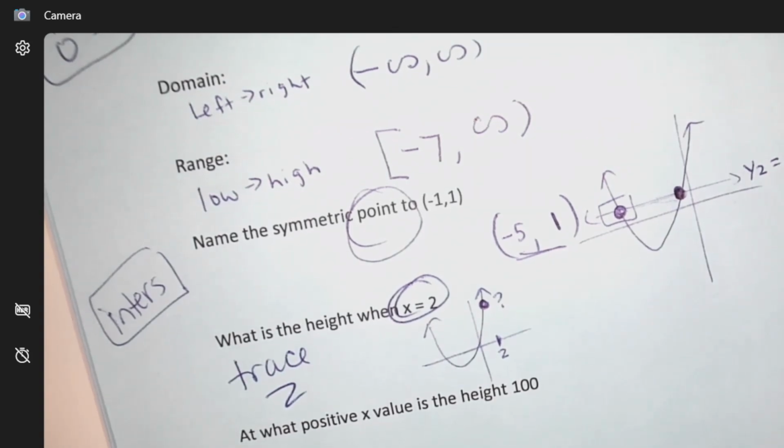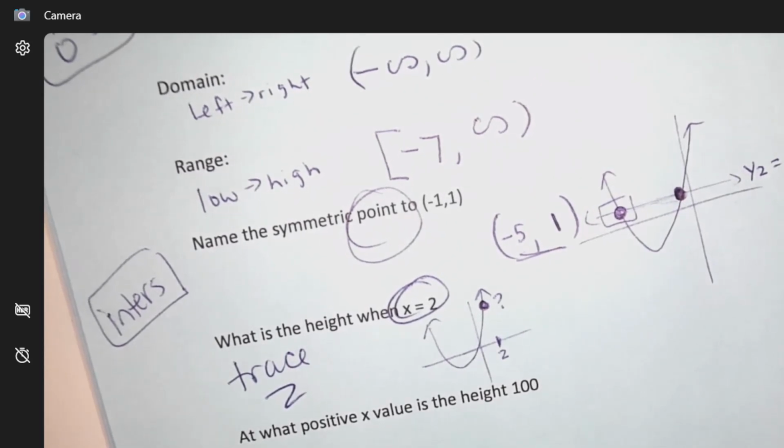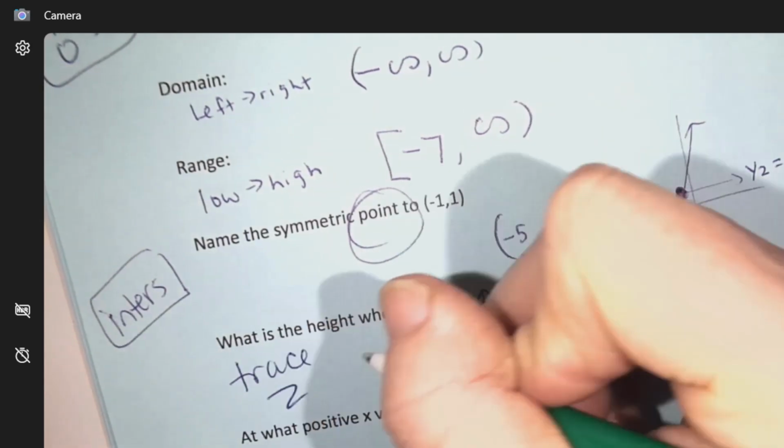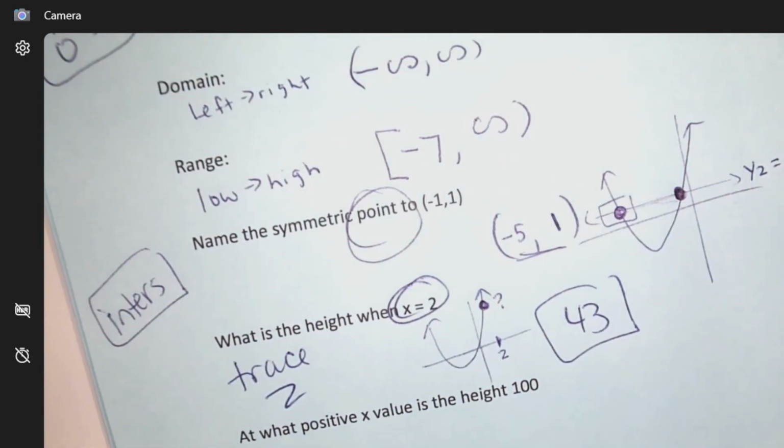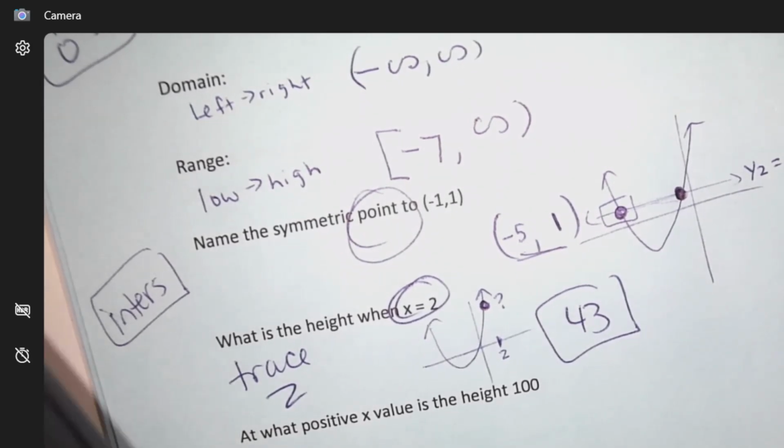I'm also going to delete that other line because I don't need that in there anymore. Is that what anybody got? 43. Okay, there is another button that gets you there.